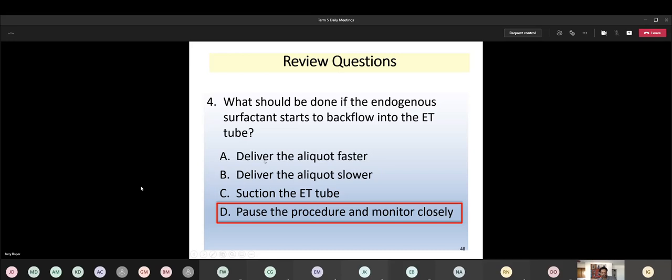It just takes time sometimes, especially when you're dealing with a very small set of lungs to begin with. And suctioning the ET tube, you never really want to do that. In fact, after you deliver your surfactant therapy, you're not supposed to suction for at least an hour or two afterwards, so that you give that surfactant a better chance of getting absorbed into the system.